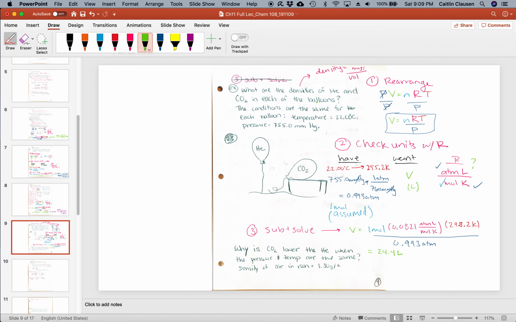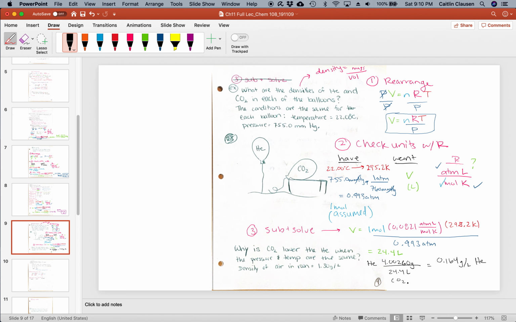So if we're assuming 1 mole of helium, I'm just going to look at the periodic table, and helium would give me 4.00260 grams. I divide that by 24.4 liters, and that gives me 0.164 grams per liter helium.